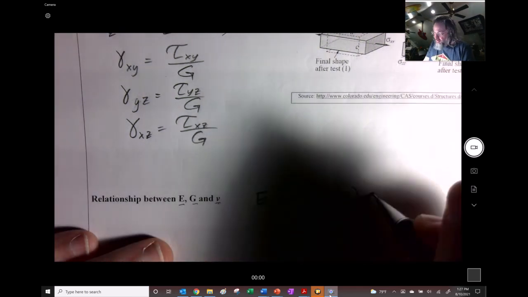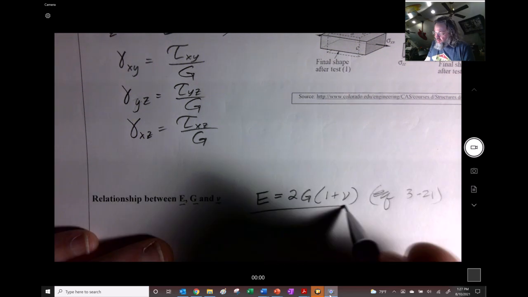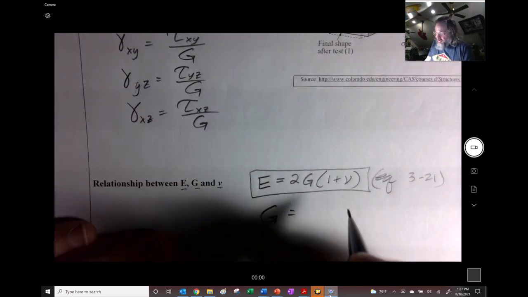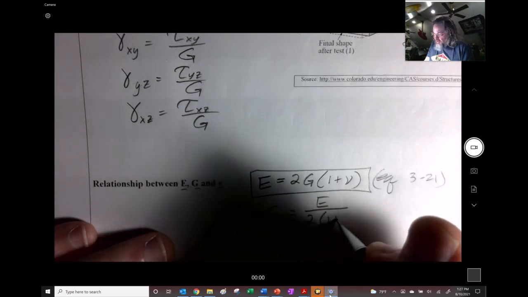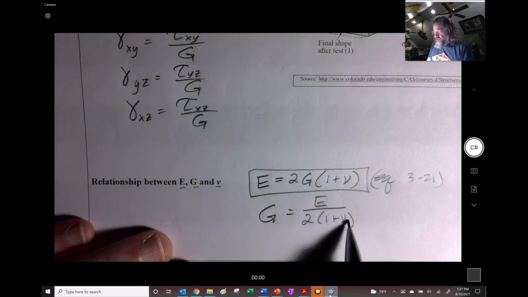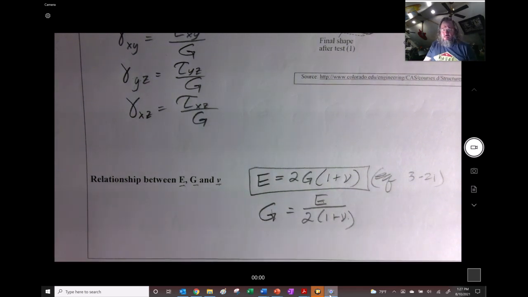This is equation 3-21 in the book. A lot of times they don't give you the shear modulus, so just do the simple algebra here. It's good to realize that if you have these 2, you can find this one.